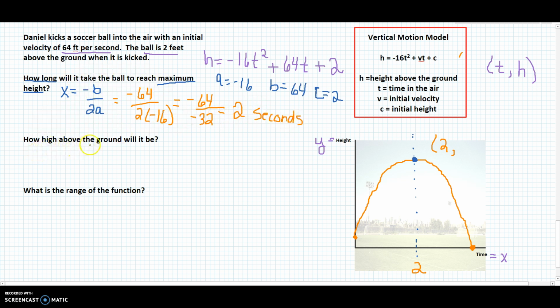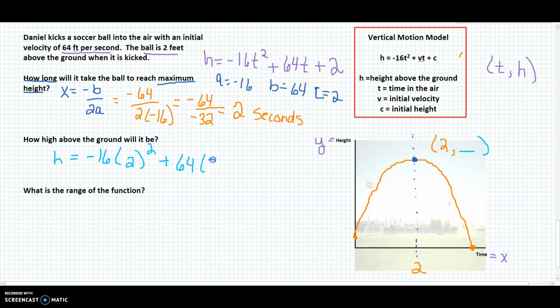And how high above the ground will it be? So if I look at my graph again, we can see that the height of the ball is going to be my y value of my vertex. And we know that we can find that by plugging in the x value from above. So anywhere I saw a t, I'm going to put a 2.